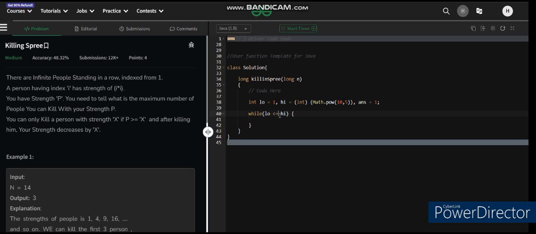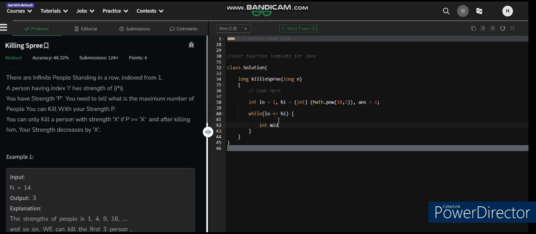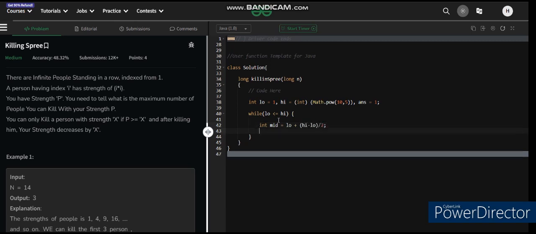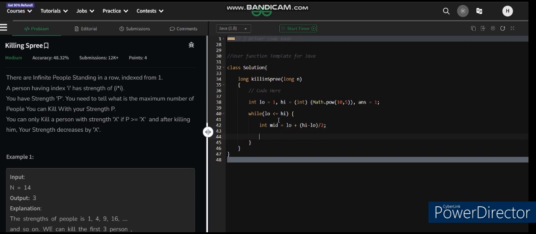So suppose low can be the answer or high can be the answer. We may miss that, right? We will calculate mid value by this formula. We will have this function.